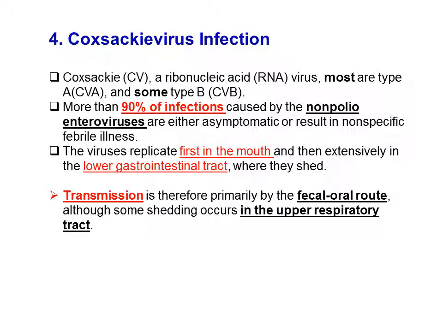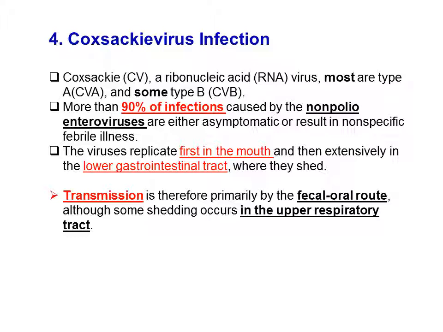Now we will talk about coxsackievirus infection. Coxsackievirus is a ribonucleic acid, RNA, virus, most commonly type A and some type B. 90% of infections caused by non-polio enteroviruses are either asymptomatic or result in a non-specific febrile illness.